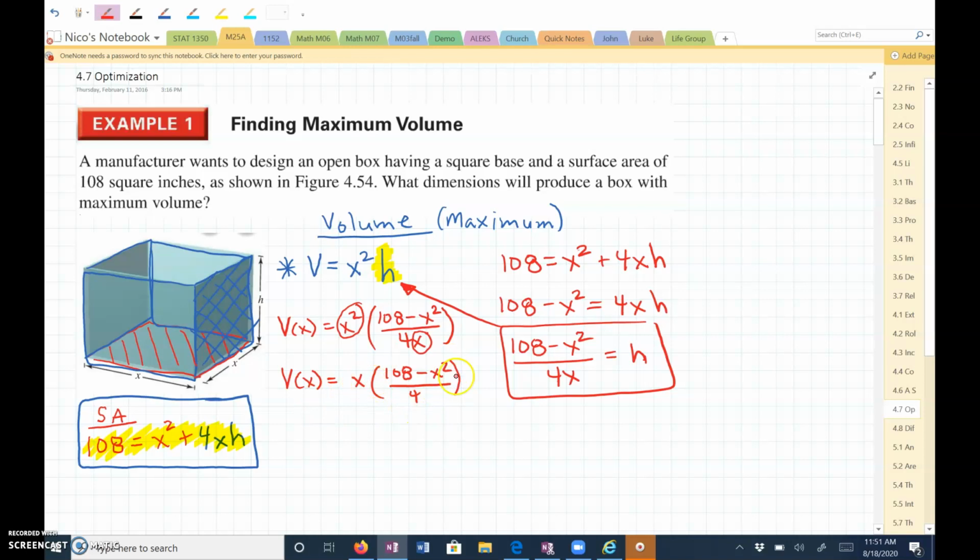Then I can multiply the x through and get 108x minus x cubed all over 4. And now let's take a look at this function here. So again, this is what we're trying to maximize.